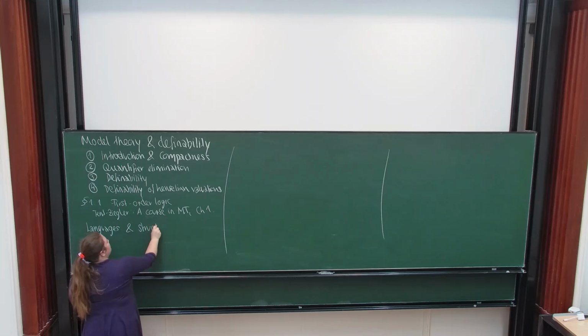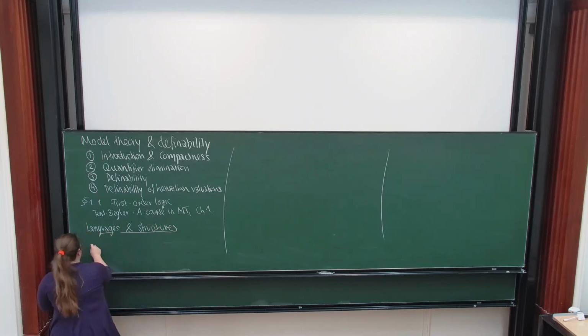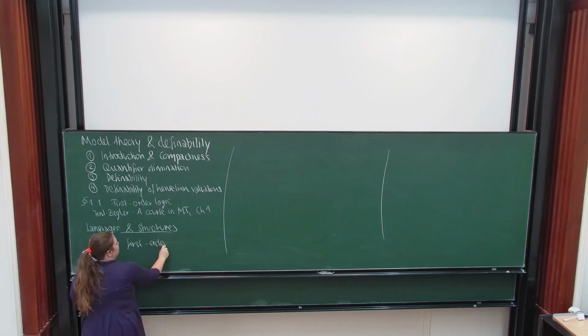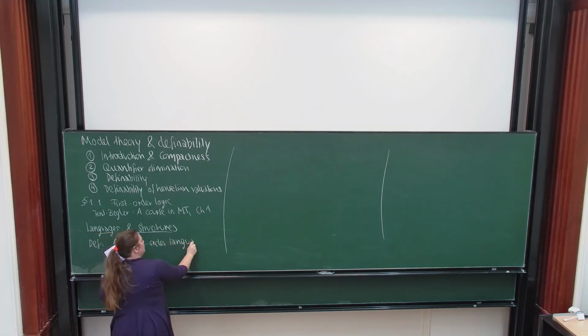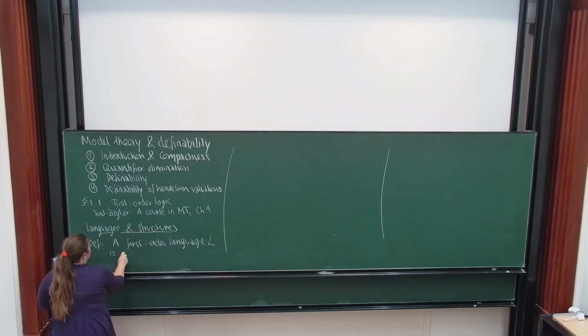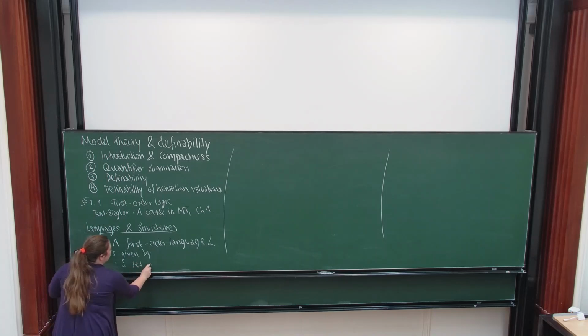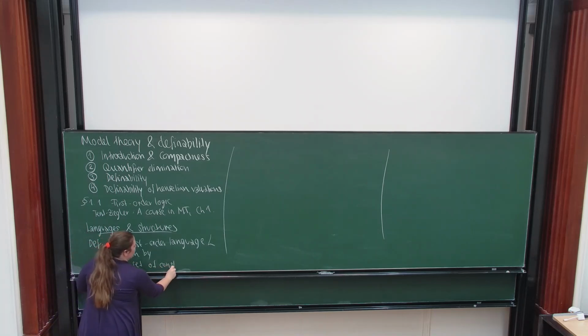Okay, so first, I need to talk about languages and structures. So, a first-order language L is given by a number of sets of symbols, namely first a set of constant symbols.